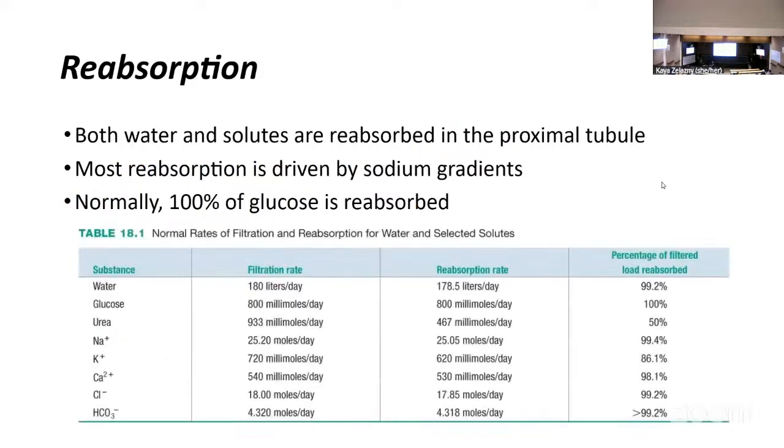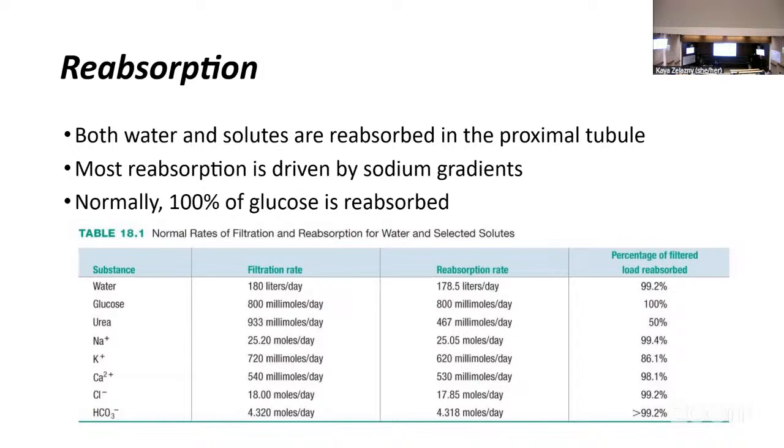Good. So we are going to be reabsorbing lots and lots of stuff in the proximal tubule. We're going to think of it as our mass reabsorber later on. So that means lots of water and lots of solutes. Most of this stuff is going to be happening with the assistance of sodium.